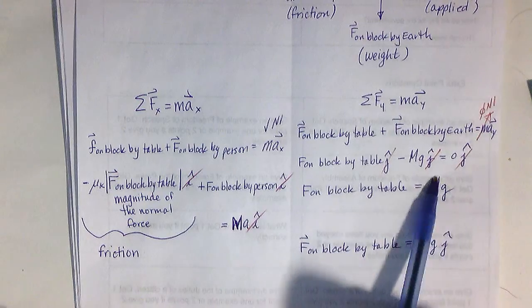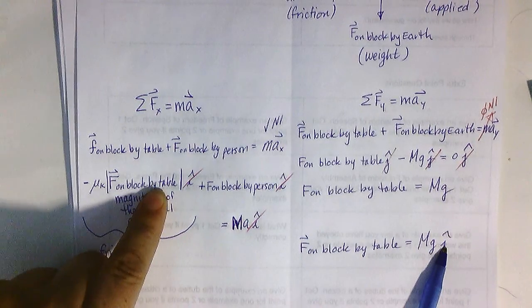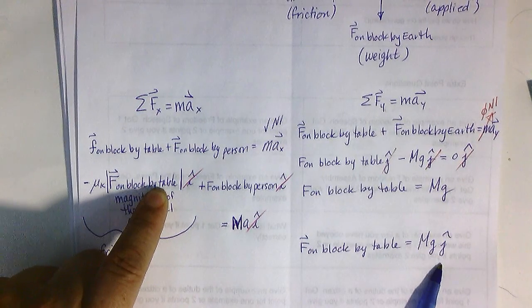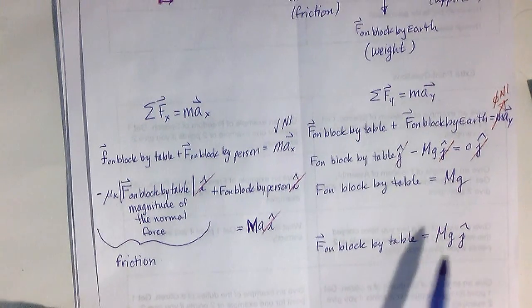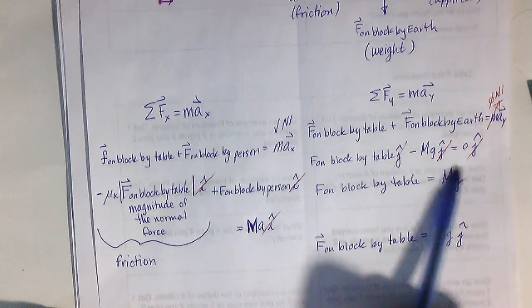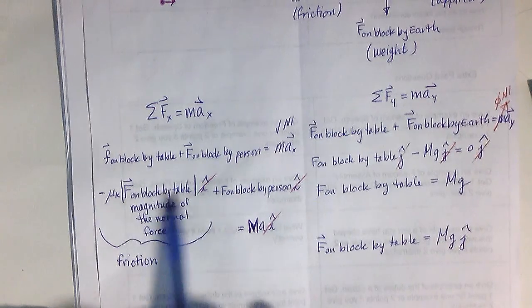I can't substitute a j hat into an equation with i hats. You can't multiply i hats and j hats together yet. We haven't learned that yet, and you can't do it for these types of problems anyway. So we're going to substitute this in for here.